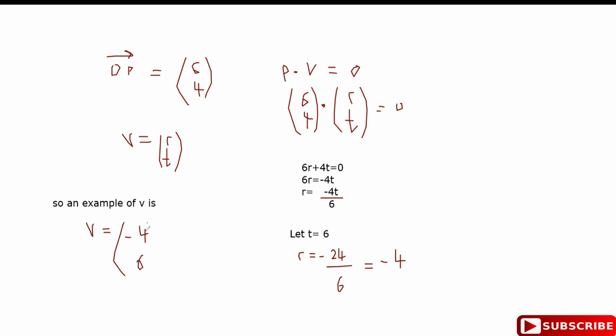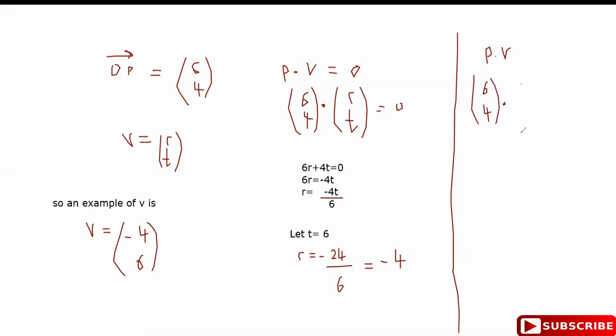Now, if you don't believe me that V is negative 4, 6, I'll show you that this is a possibility. P dot V is going to be 6, 4 dotted with minus 4, 6. 6 times minus 4 is minus 24, and then 4 times 6 is 24.